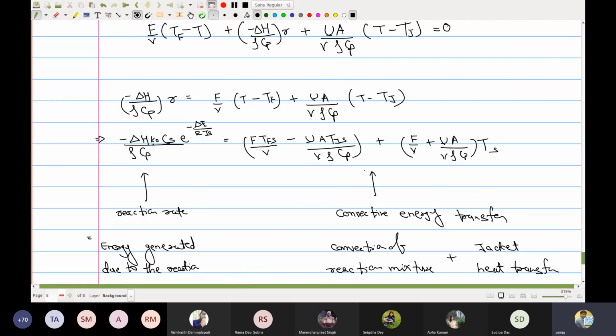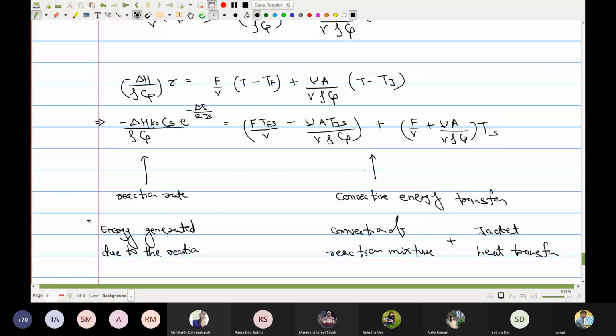When these two become equal, I get this highly non-linear transcendental equation, right? So then what should happen? On the left hand side, I have Ts, and on the right hand side I have Ts.